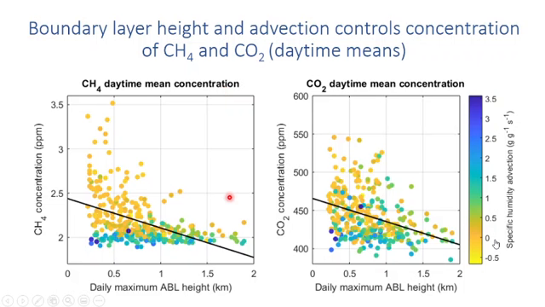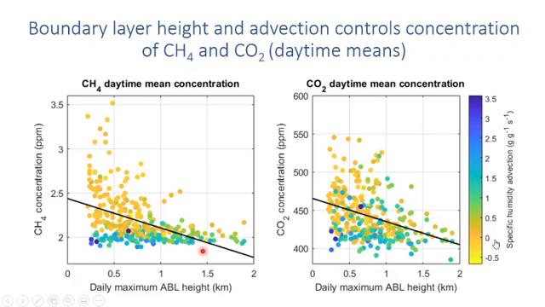However, what is most interesting about this plot is the color code of the points here, that is color-coded based on the specific humidity advection. So you see here that in days with low advection of marine air from the ocean, here represented in yellow, the concentration of methane was maintained very high. However, when the advection was very high, such as these points here in blue, you can see that the concentration of methane and CO2 remained low.